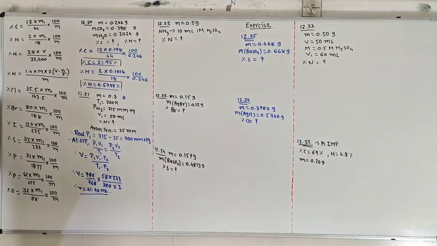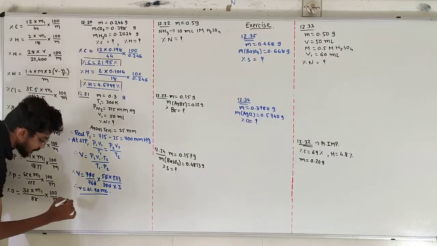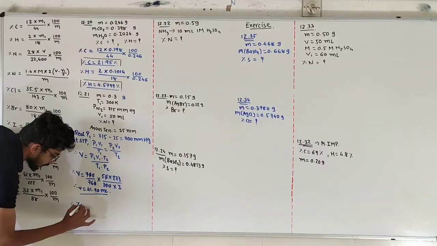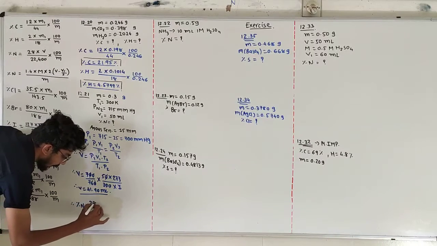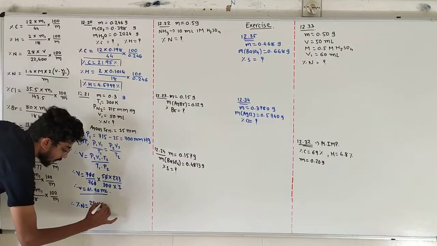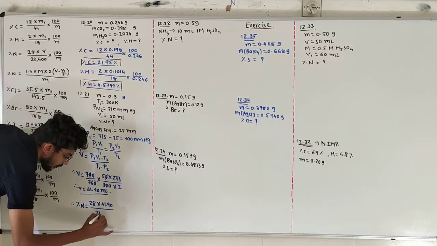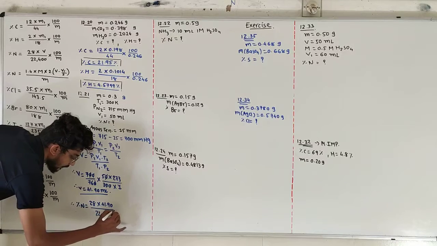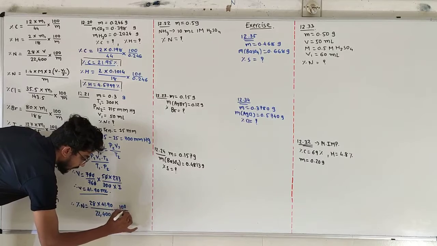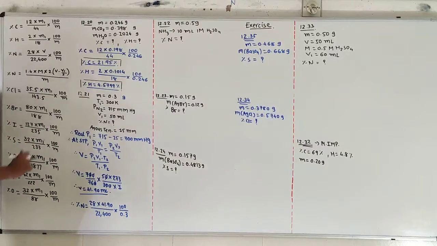So that was the volume at STP, and this volume will be put into the Dumas formula. So the percentage of nitrogen will be equal to 28 into the volume V, V is equal to 41.90, divided by 22,400 into 100 by m. Value of m is 0.3. So let's calculate.